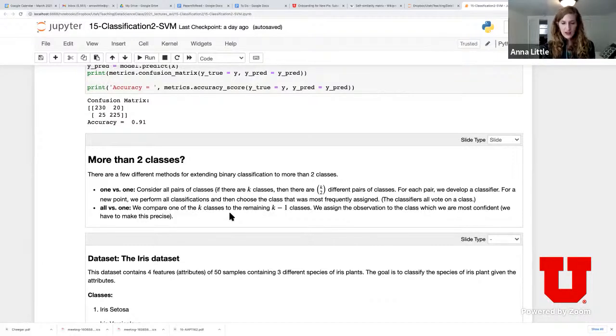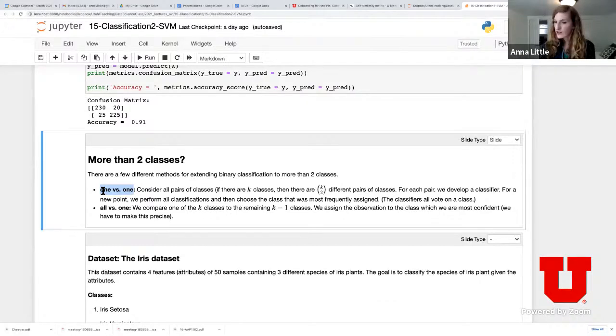Yes or no. Am I in class 3? Yes or no. And to each of those answers, we want to assign a confidence level. We won't go into the details, but the idea is that we make these K different classifiers, run all of them, and go with the answer where we have the most confidence. I believe that the default in Python is the first method, based on a 1 versus 1 procedure.